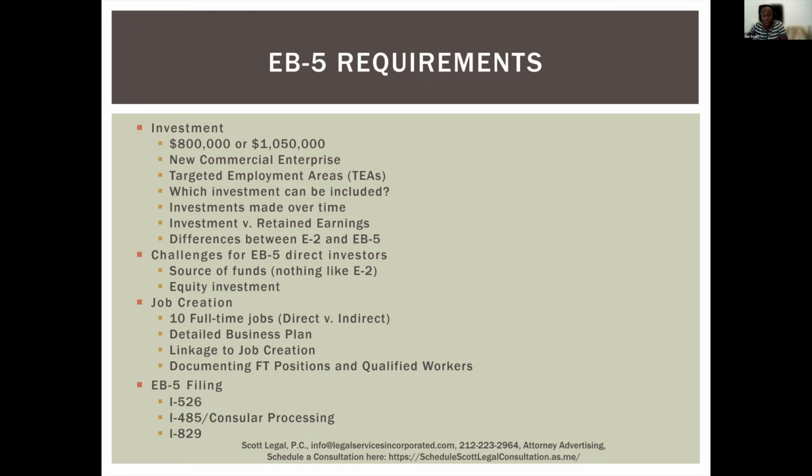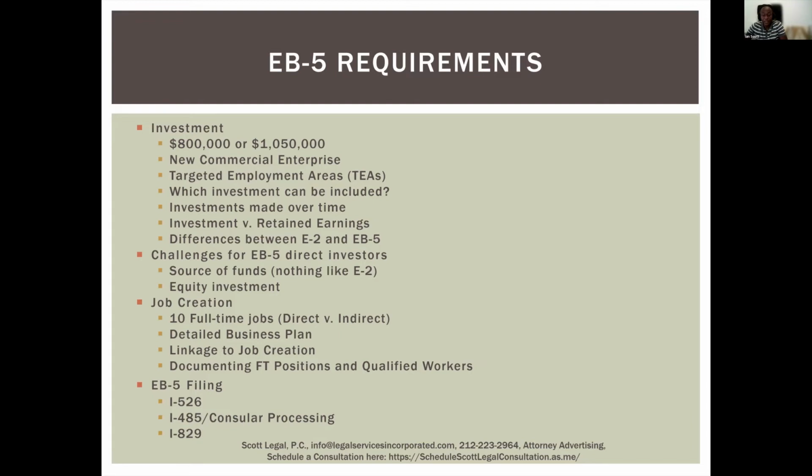We just had a recent approval for someone who had invested when the investment amount was $500,000. Someone had invested $500,000 over several years. They were on an E2 and continued to invest money over several years, and they were granted their EB-5 petition approval.